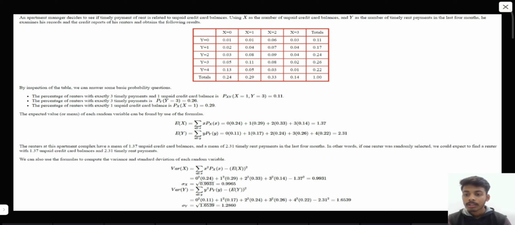So summation over all x and y is done to calculate the expected value of y. We can also use the formula to compute the variance and standard deviation of each random variable, where variance of x will be summation of x square p of x minus expected value of x square, and variance of y will be summation of y square p of y minus expected value of y square.